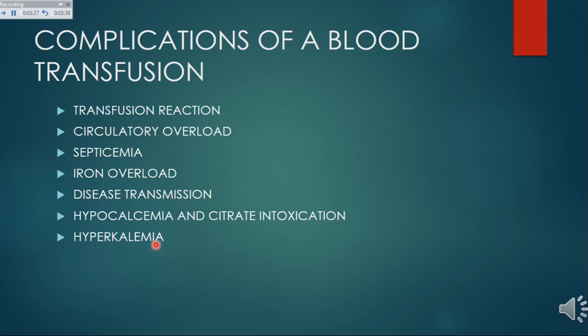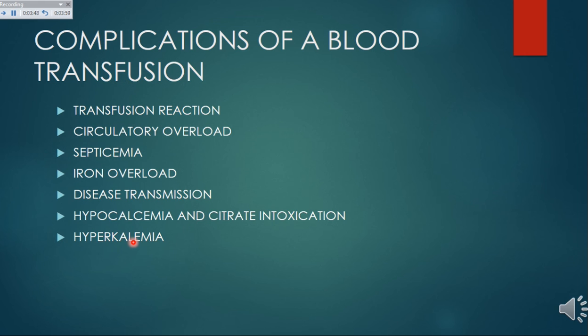Then the next condition is hyperkalemia. Hyperkalemia, you all know, hyper means high, kalemia means potassium in the blood. So hyperkalemia is a serum potassium level that exceeds 5.1 milliequivalent per liter. You all know that the lifespan of the RBC is 120 days.